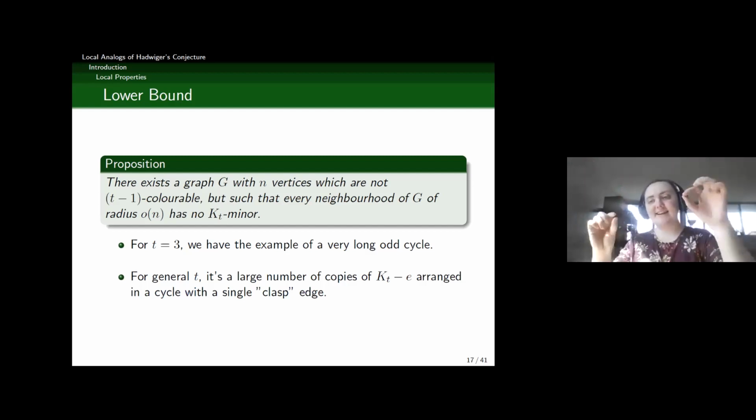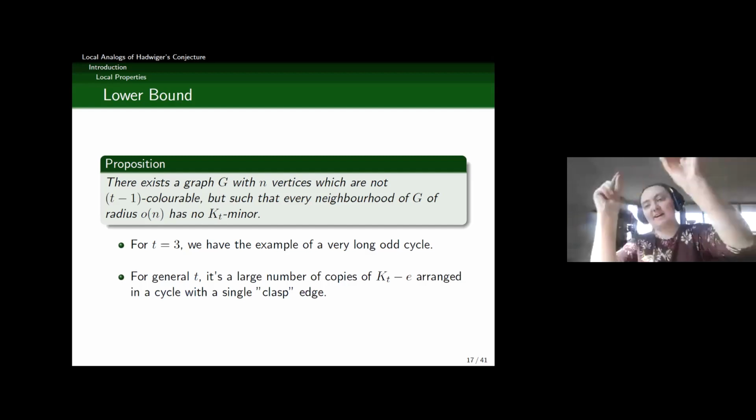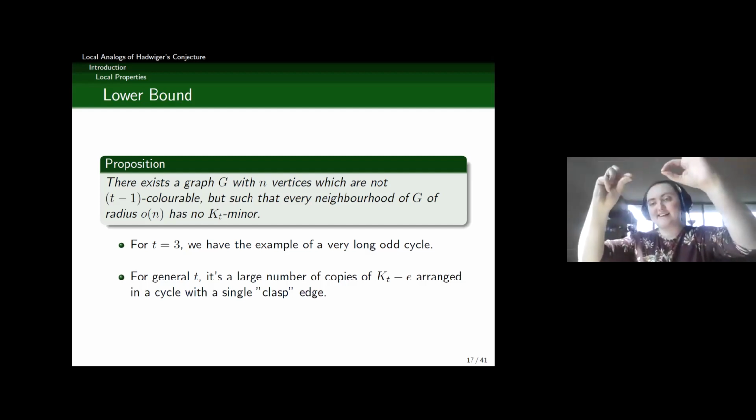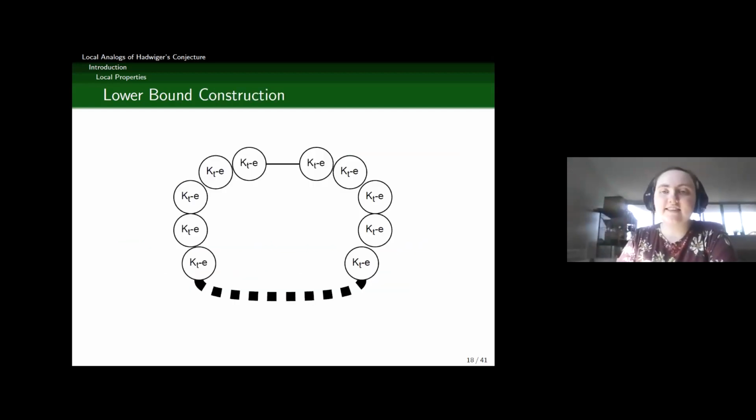Essentially, when you have K_t minus e, if you want to color that with t-1 colors, the endpoints of the edge you removed have to be the same color. And that propagates all around. And then you've got your clasp edge that says, oh no, wait, they can't be the same color. All of a sudden you need t colors. So this is the construction.